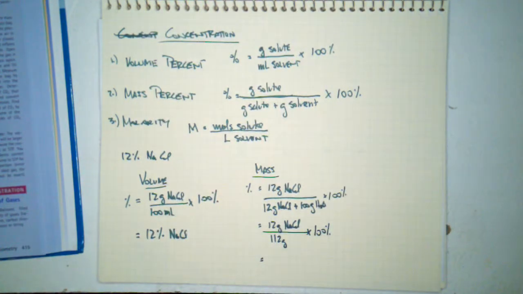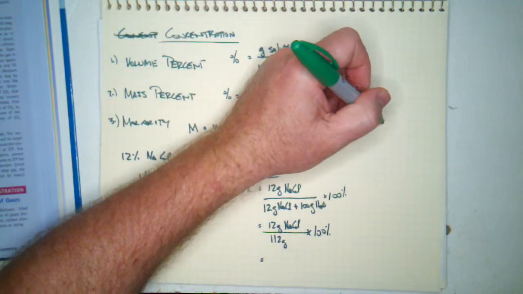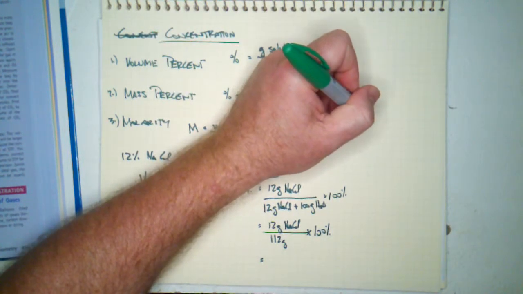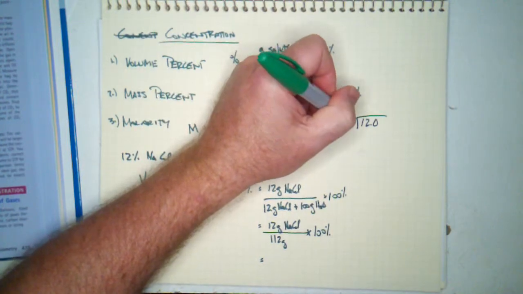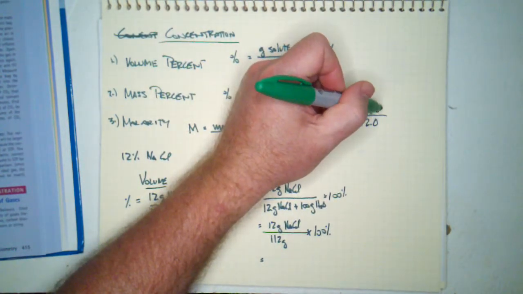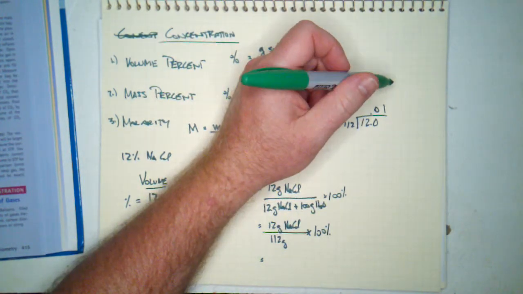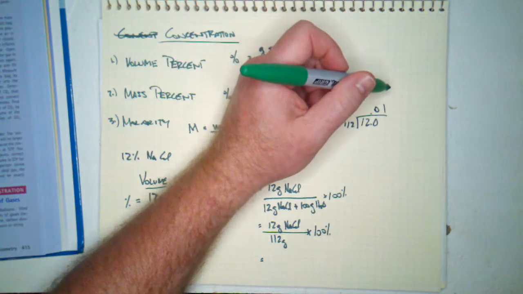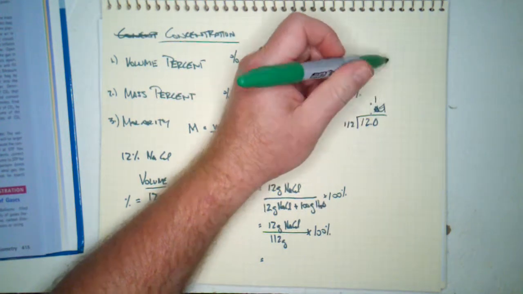Oh man, I gotta do some long division here. 12.0 grams divided by 112 equals 0.01. Oh no, it'll be 0.1.